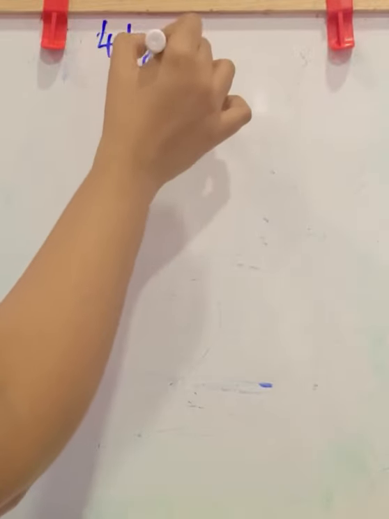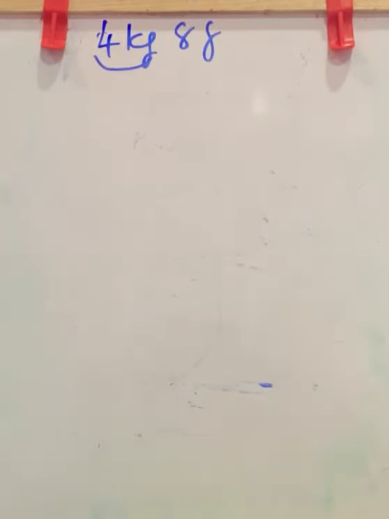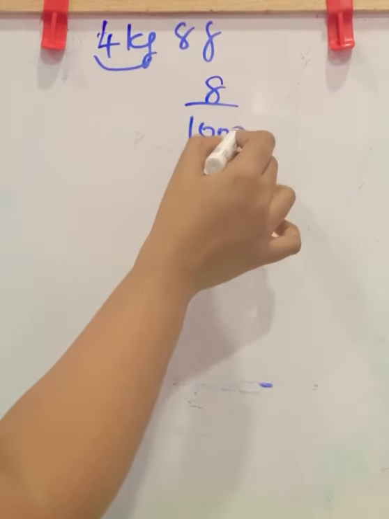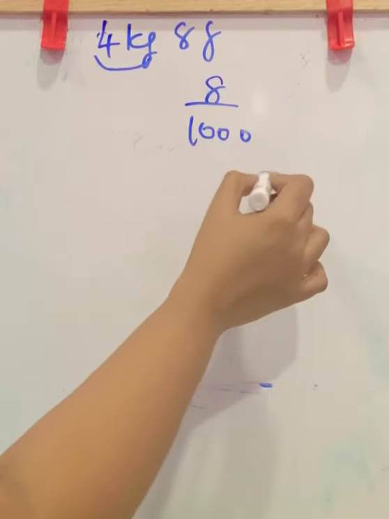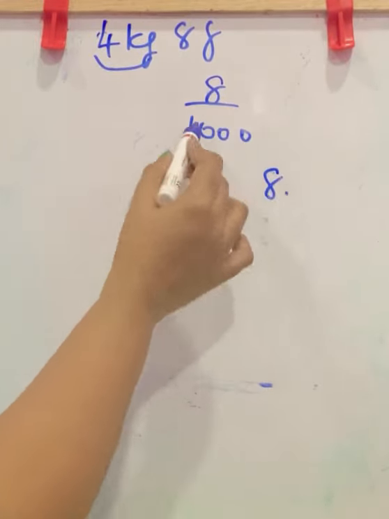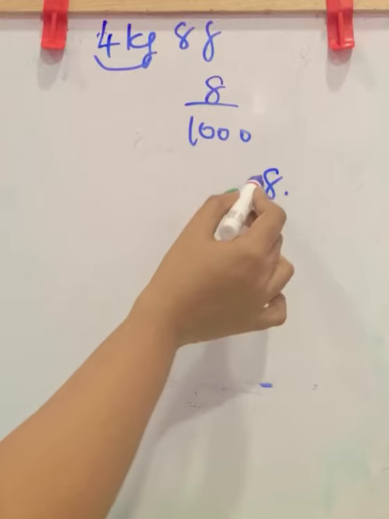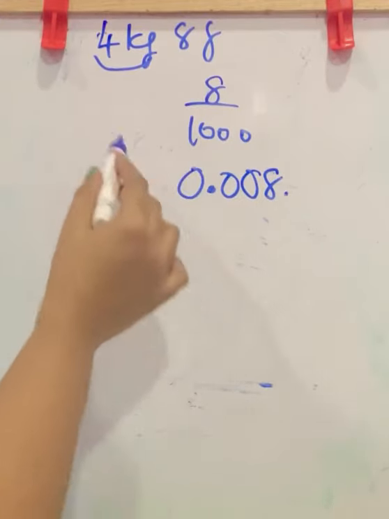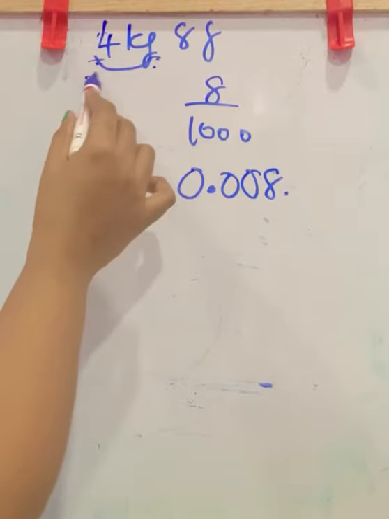4 kilogram 8 gram. The 4 is already in kilograms. The 8 grams you want to convert. So 8 by 1000. The decimal point will be here, 3 places leftward, it reaches 1, 2, 3. It reaches here. You can add a 0 in the whole number part so that you can add with this 4 kilograms.